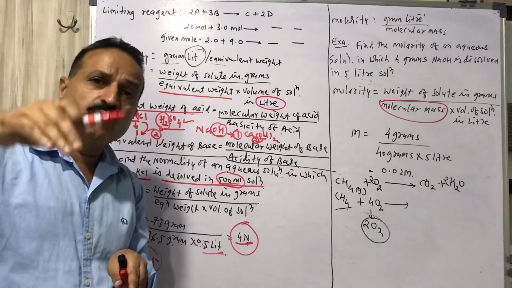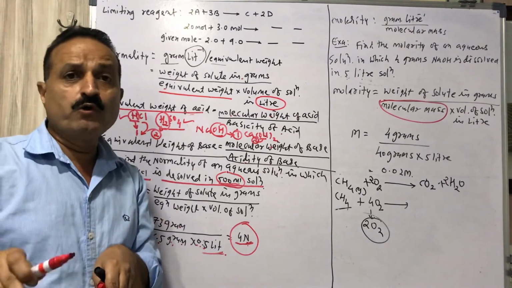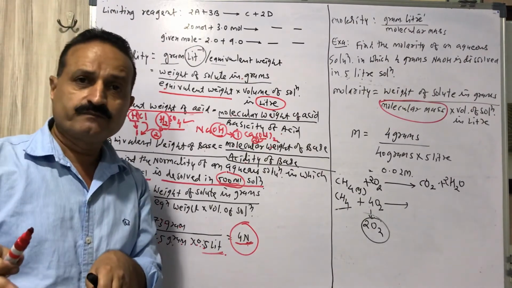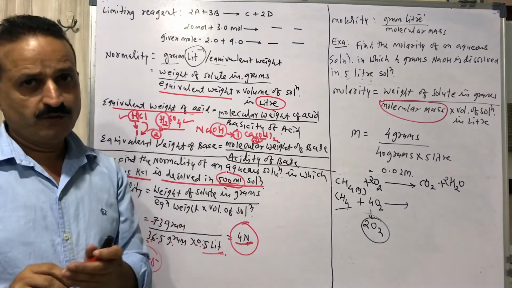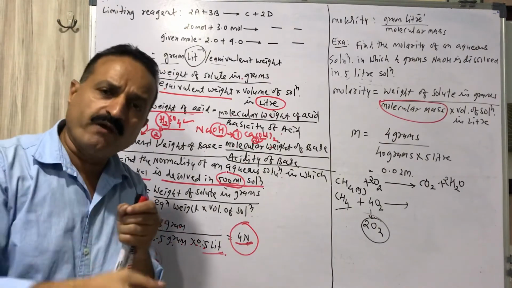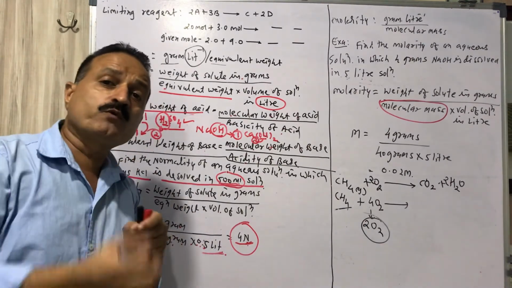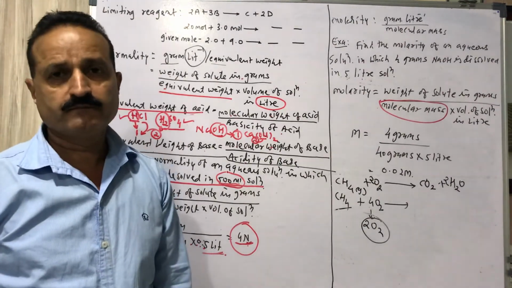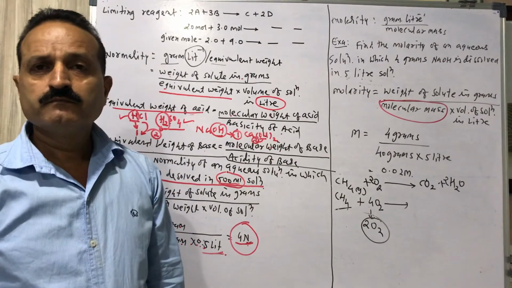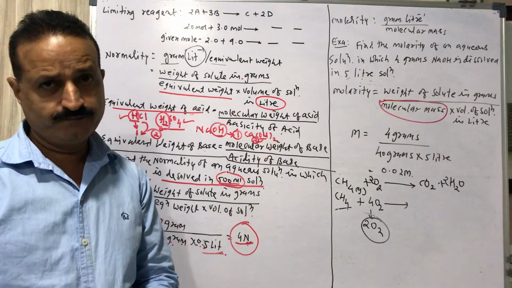Weight of solute in grams upon molecular mass into volume of solution in liters, that is the formula of molarity. So changing equivalent weight to molecular weight changes normality to molarity. Clear? Now an example will be taken.